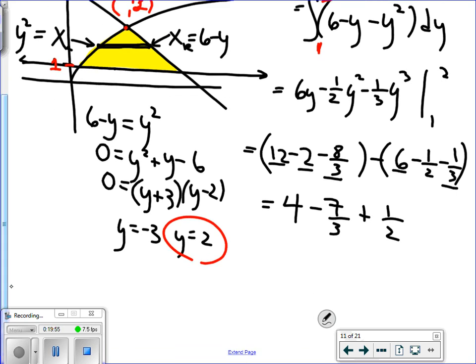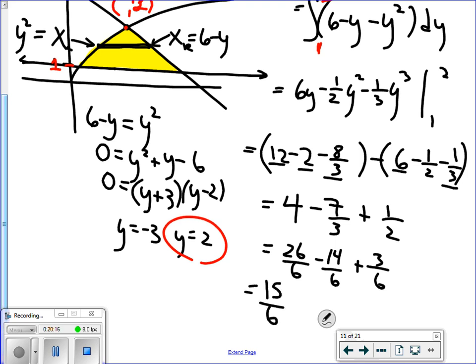Okay, so let's see. I guess we'll deal with sixths. So we have 24/6 minus 14/6 plus 3/6. 26 minus 14, that's 12, plus 3 is 15/6. 15/6 can be reduced because 3 goes into both of those, so 5 halves would be the exact area, if I didn't make a mistake.